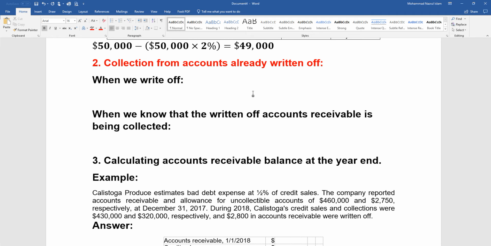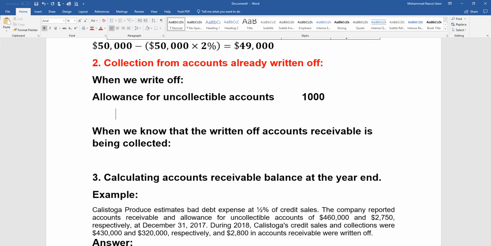Under the allowance method, when we write off an accounts receivable, we record allowance for uncollectible accounts debit, say the amount is 1,000, and accounts receivable credit 1,000.